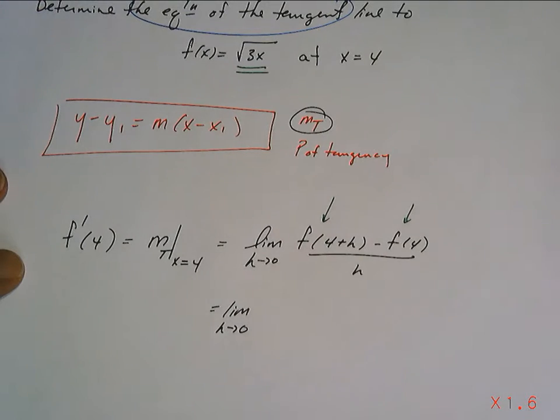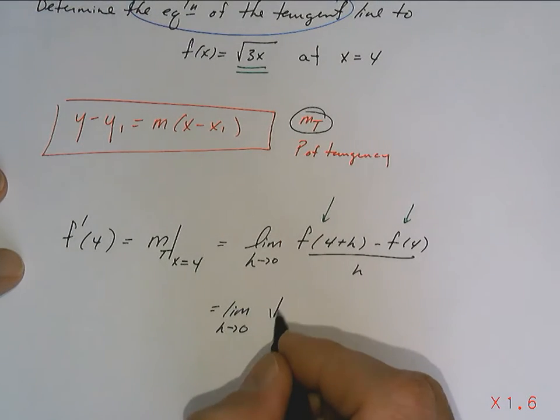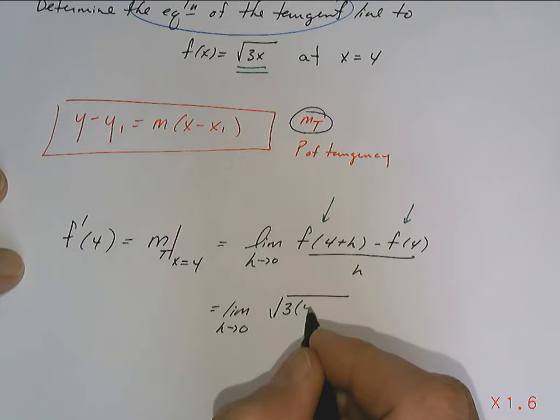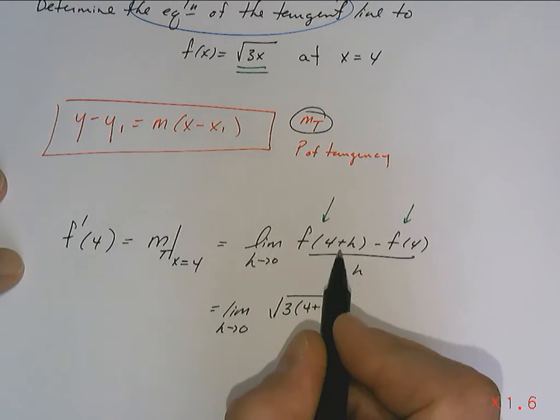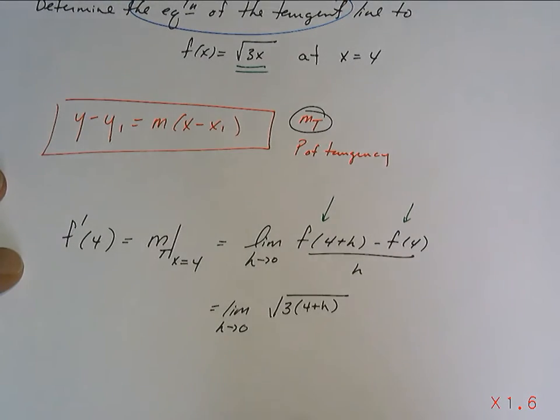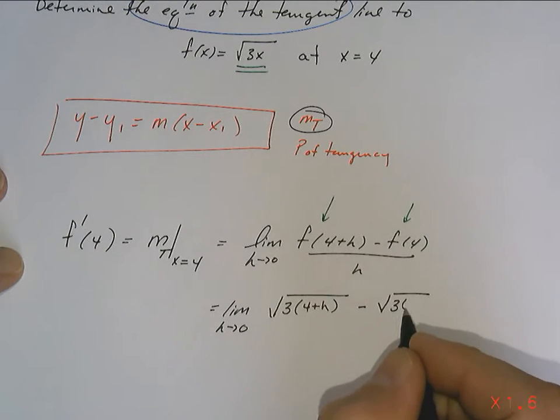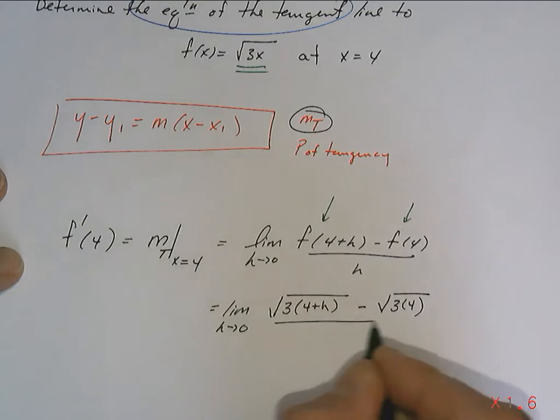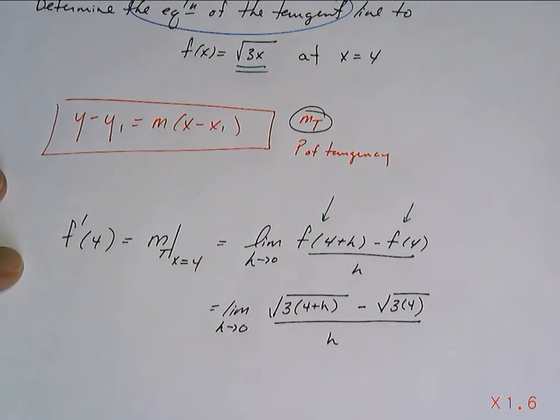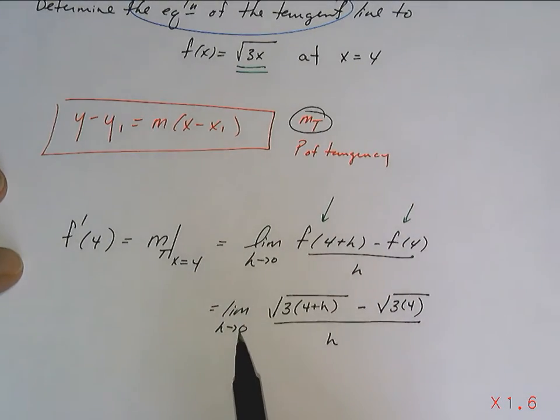So I put in root of 3 times (4 plus h). Everywhere there's an x, we put in a 4 plus h. And we're going to subtract root of 3 times 4, over top of h. Now, maybe I'm done. Let's put in h approaches 0. 0 gives me root 12 minus root 12, which is 0 over 0.